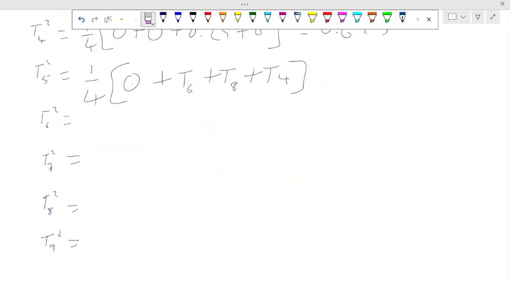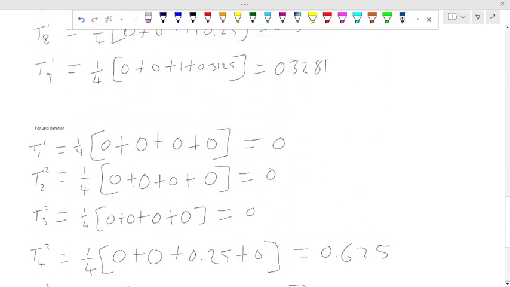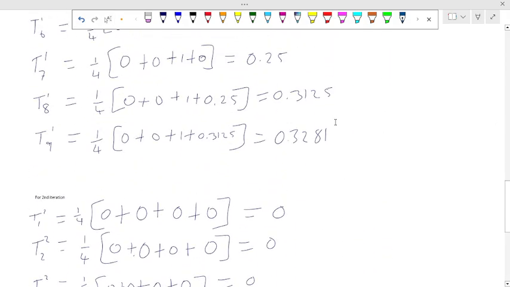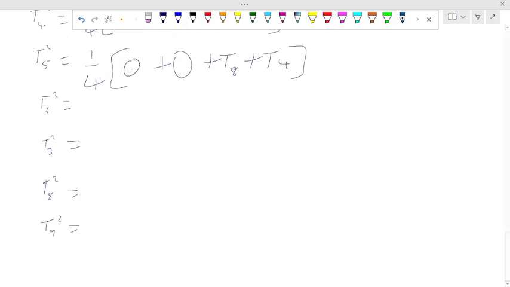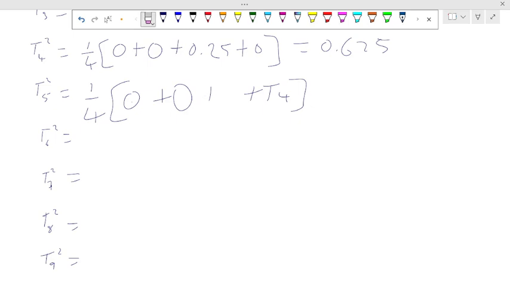Latest T8, check. 0.3125. That's T4. 0.3125 plus T4, the latest T4.